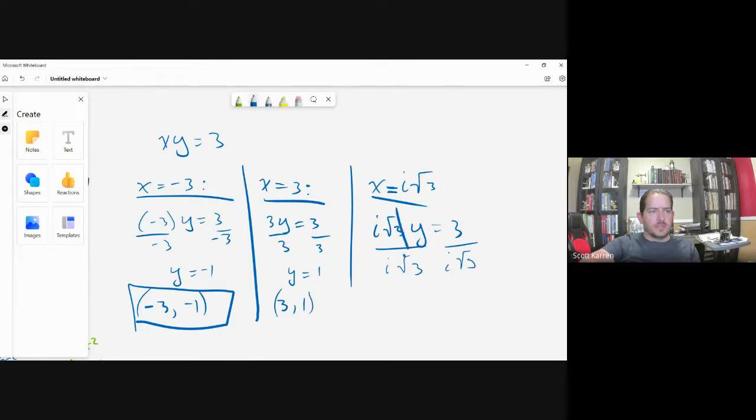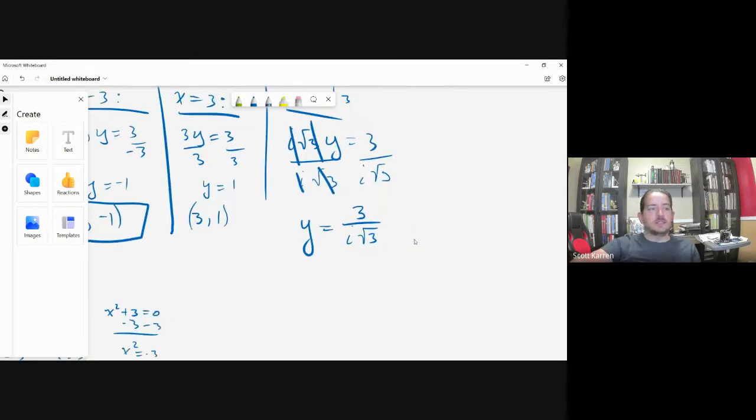The √3 is going to cancel out, the i is going to cancel out, isolating my y. And so I have this kind of horrific looking garbage here, i√3 in the denominator. You can and probably should rationalize this. I would rationalize this by multiplying both top and bottom by that i√3.